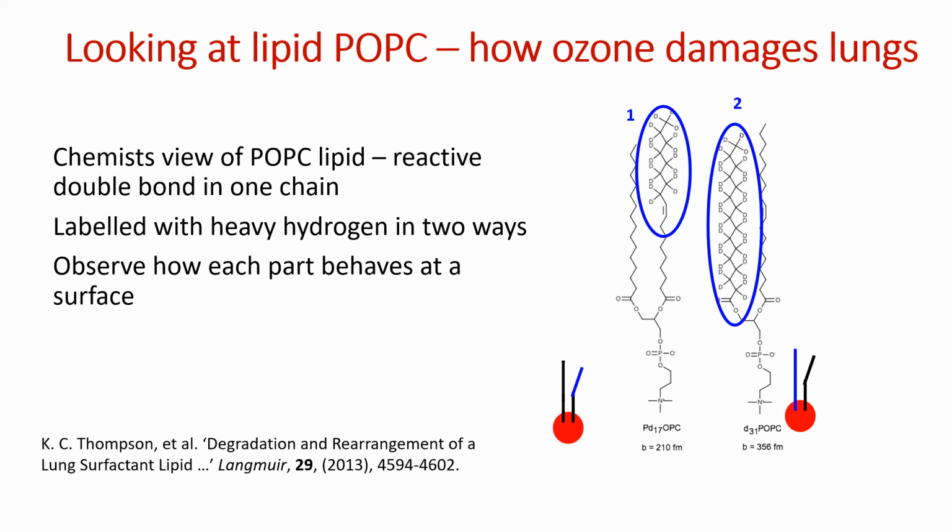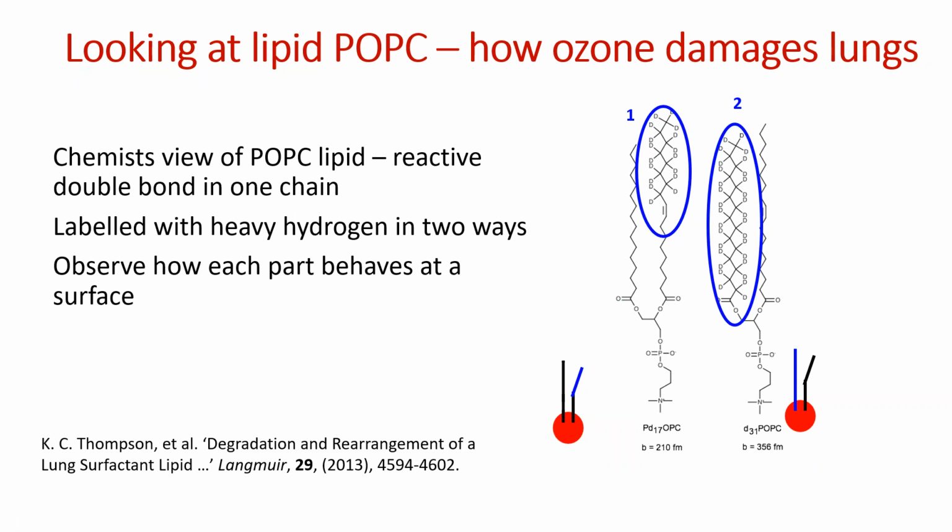But we can look at the structures of these, and in particular we had materials where we could label different parts of these molecules. Label this part labeled 1, which is the end beyond the double bonds, and we could look at the other tail and we could make different molecules with these labels, and we could see what is happening with these separately.